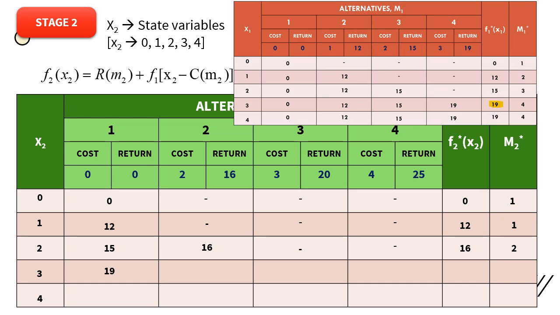So the next one is for 3 crores, I am spending 2 crores in this plant and 1 crore in the previous plant. For the first 2 crores, my return is 16.